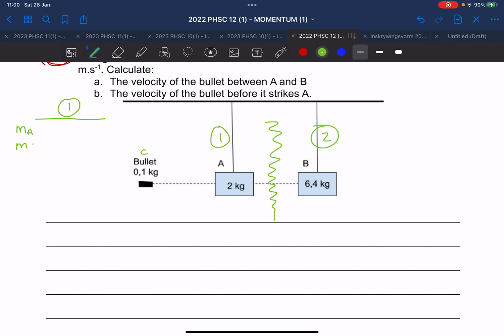And I have the mass of C. Then I have the initial velocity of A, the initial velocity of C, final velocity of A, final velocity of C, because I have before they collide and after they collided. For scenario 2, I have the mass of B, mass of C, initial velocity of B, initial velocity of C, final velocity of B, final velocity of C.